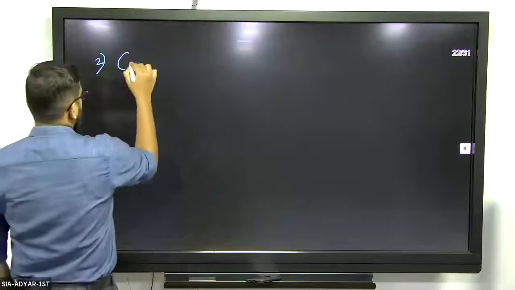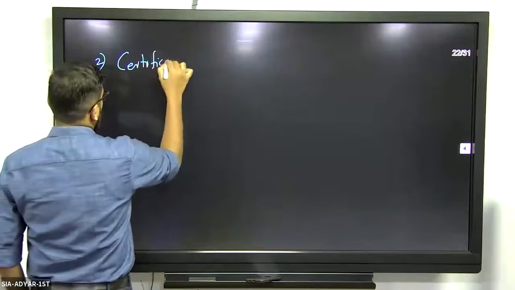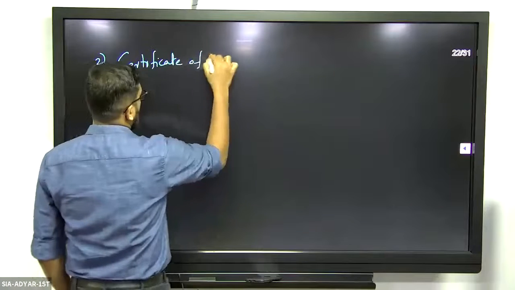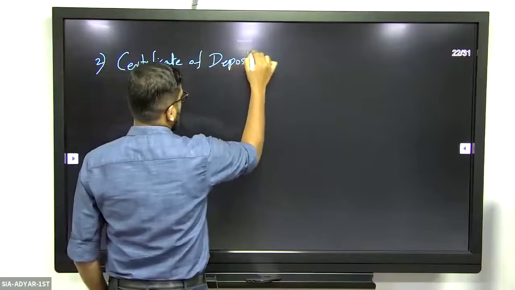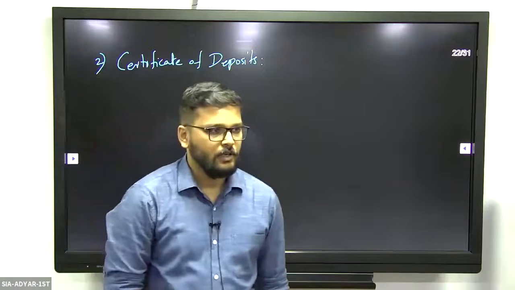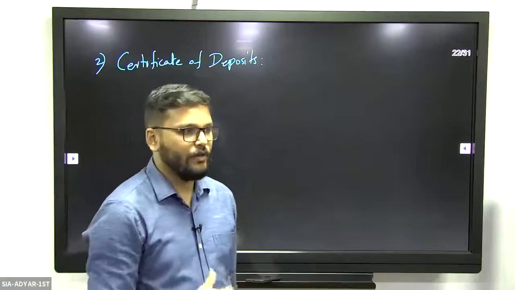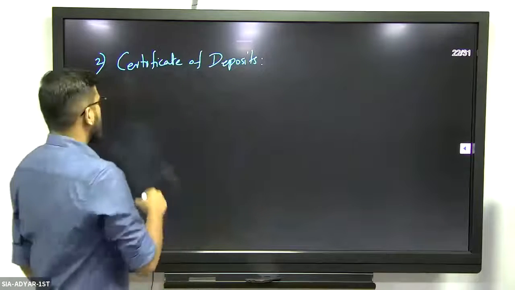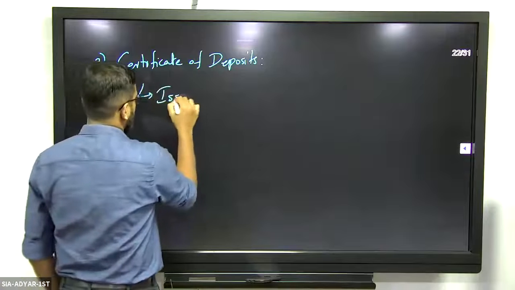Number 2. Okay. Something called certificate of deposits. This is also something that we have learned. Remember the various kinds of deposits in the banking system.